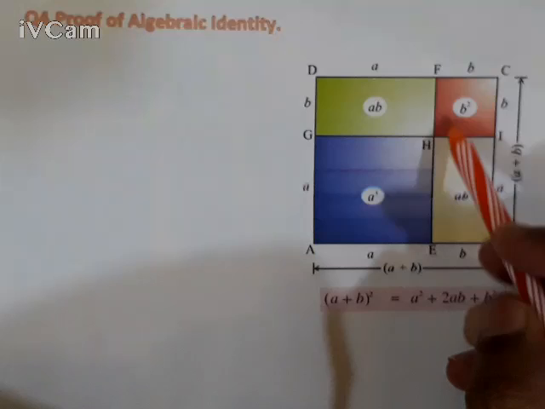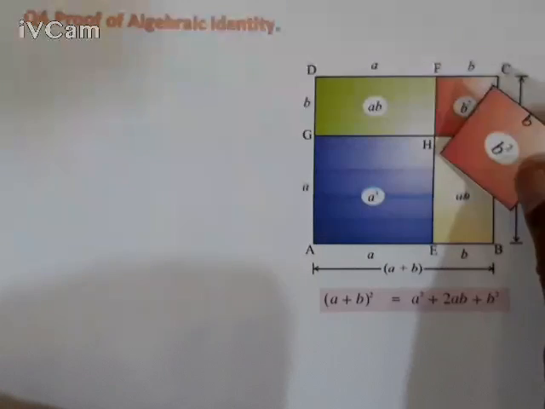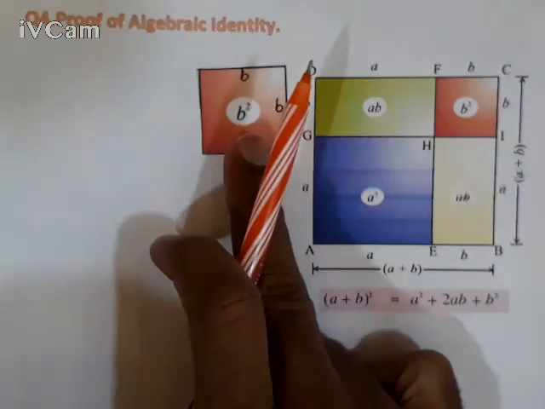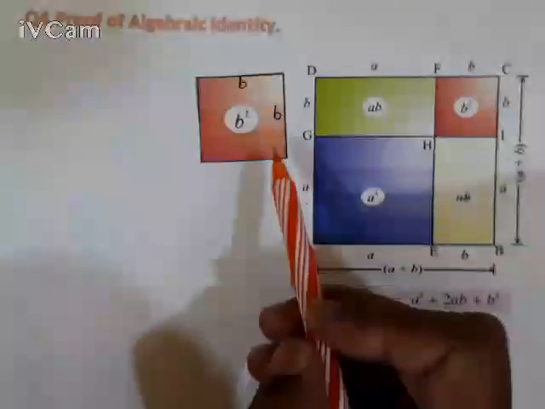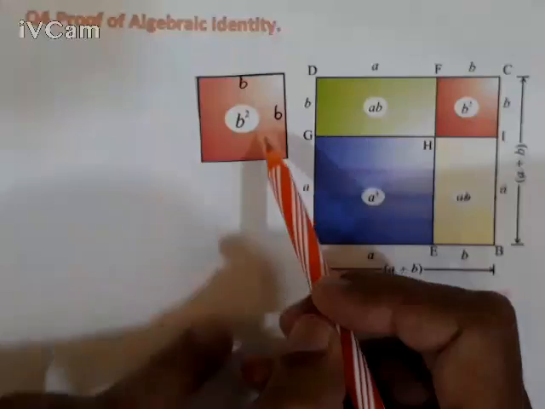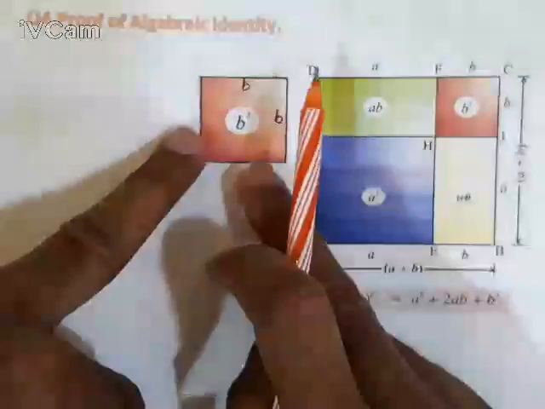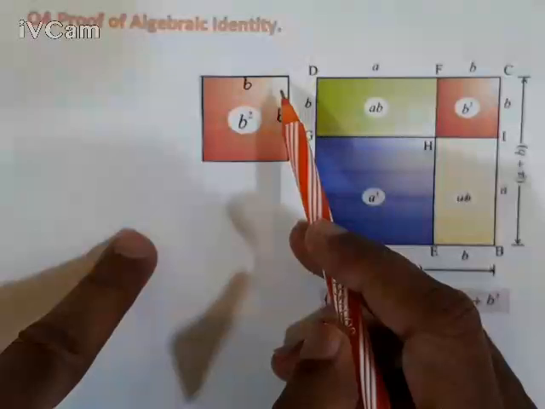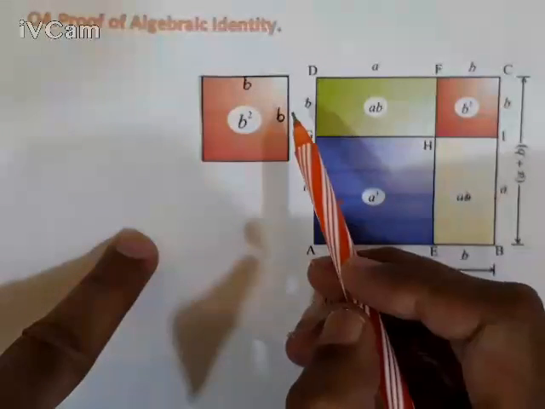This small shape is a square. When we cut this small square and put it over here, we know that if it is a square, all the sides are the same, so we will write the length is b and the width is also b.